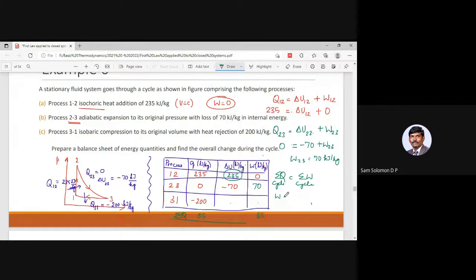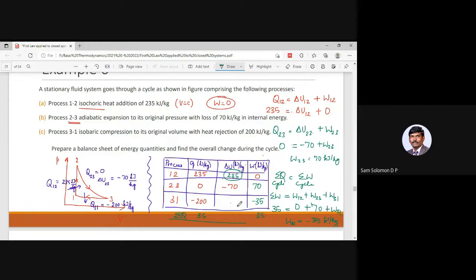So summation of W will be W12 plus W23 plus W31. And summation of W is 35, W12 is 0, this guy is 70, and W31 we do not know. So W31 is going to be minus 35 kilojoule per kilogram. So this guy is minus 35.